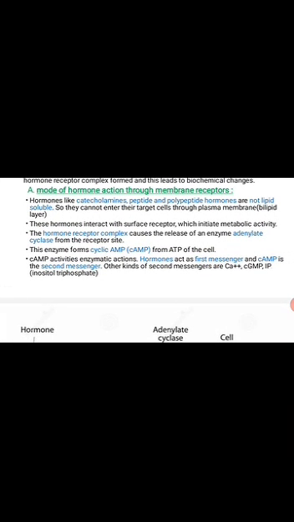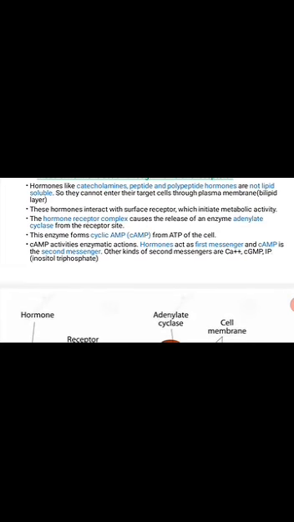Then when it forms the complex, the enzyme adenylate cyclase gets released from the receptor side. Now this enzyme forms cyclic AMP, that is cAMP, from the ATP of the cell.